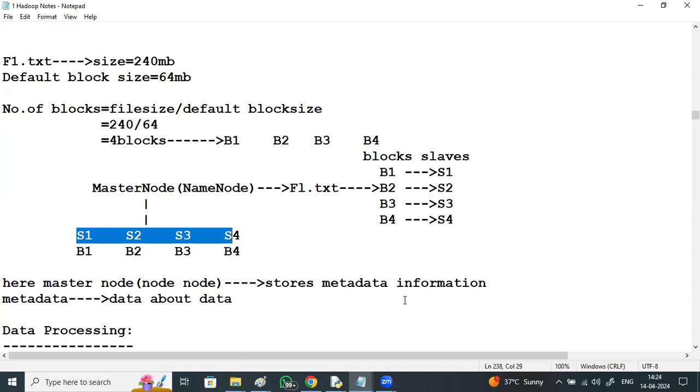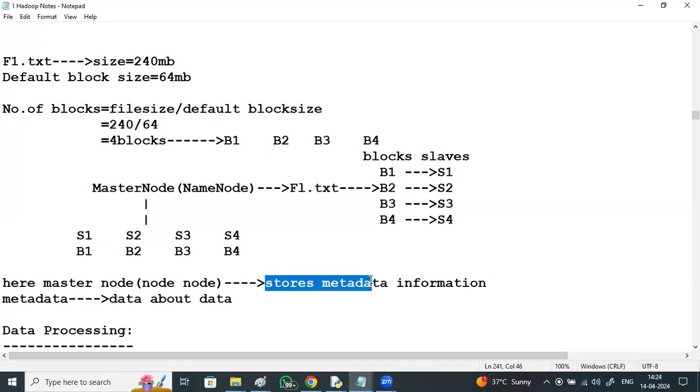The master node maintains metadata, which means data about data.